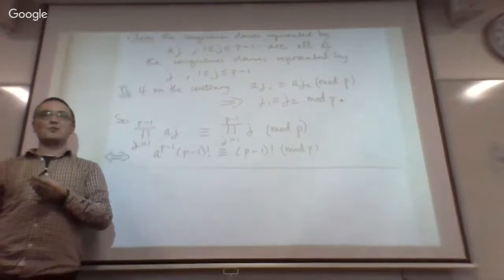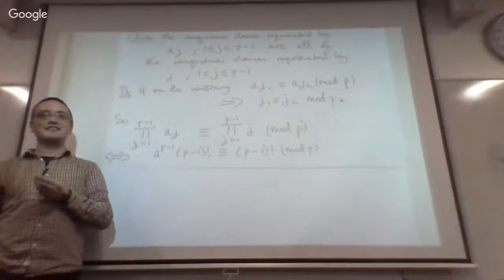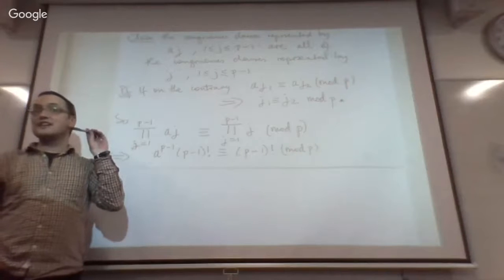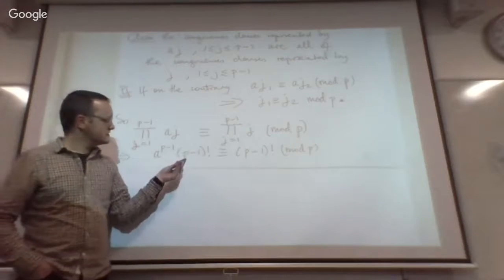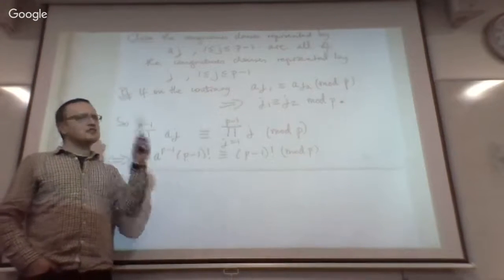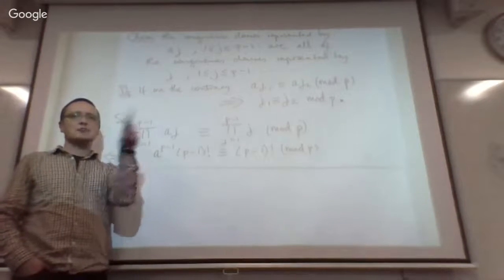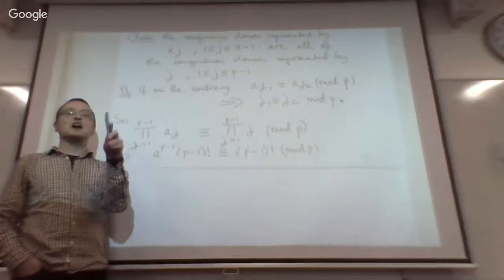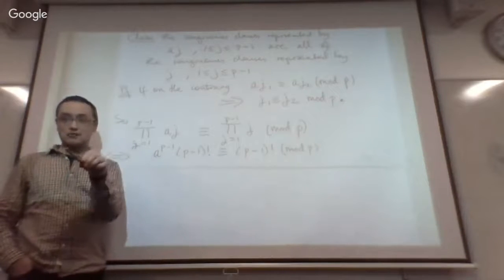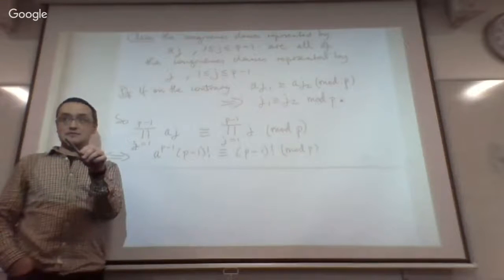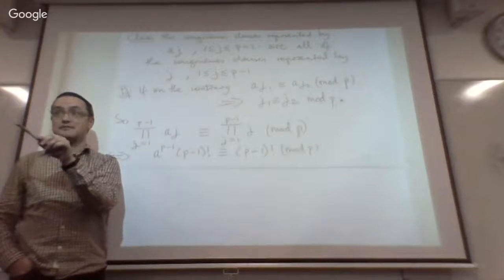Why? Because it contains p? No, it doesn't. If it contained p, then it wouldn't be coprime. It would have p as a common factor. See, I want it to be coprime, because p is prime.